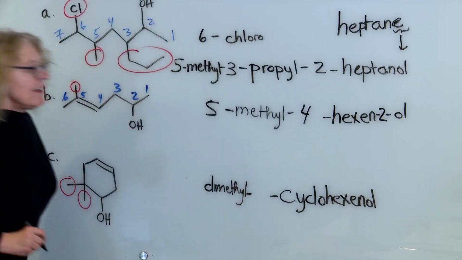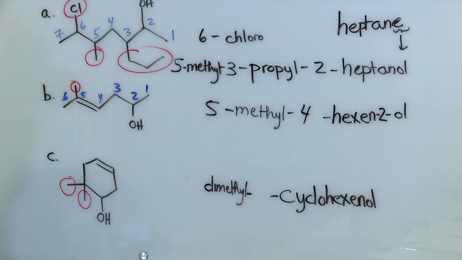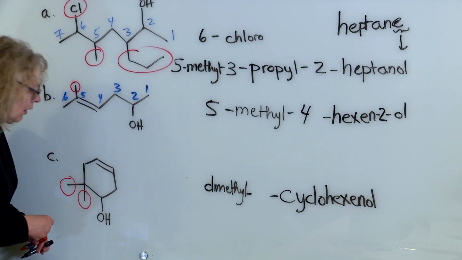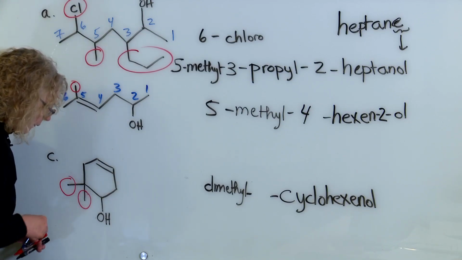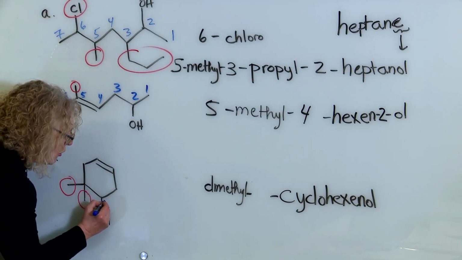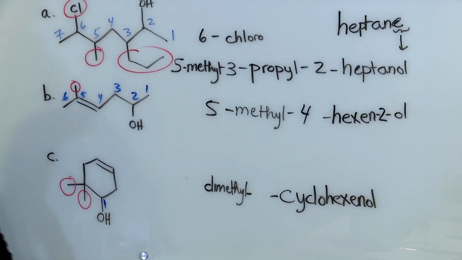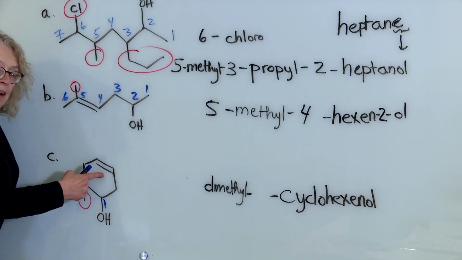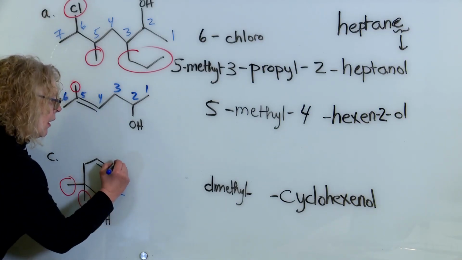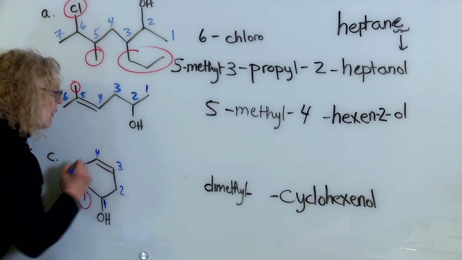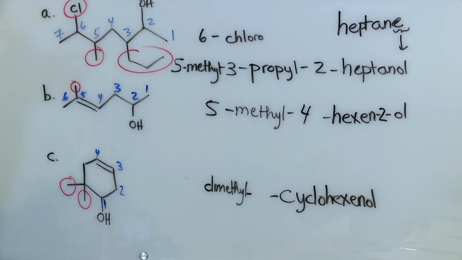Now you notice that I didn't leave a space for the OL, for the alcohol designation, because the alcohol is the highest priority. It must get position 1. Then the double bond has the next highest priority, so we have to number to give that alkene the next lowest number.